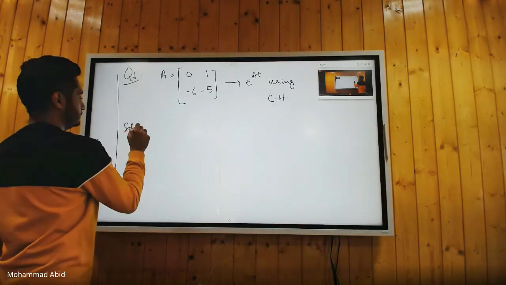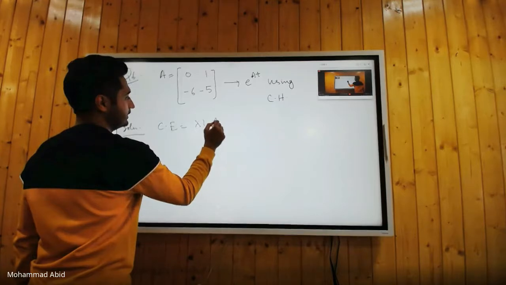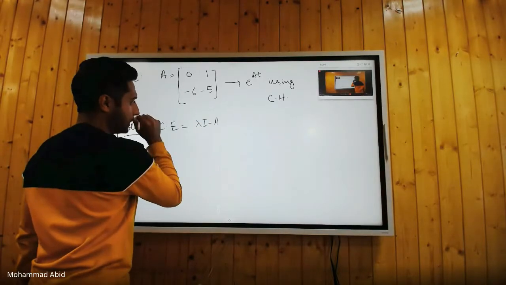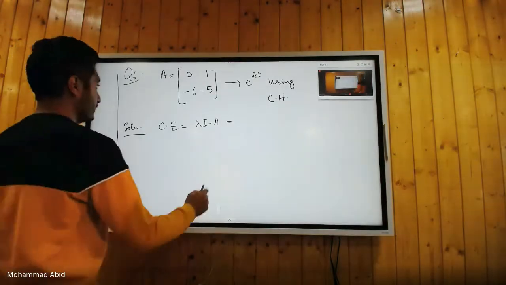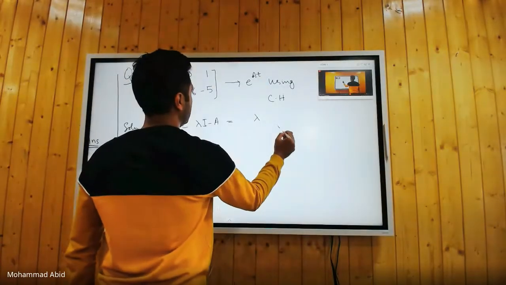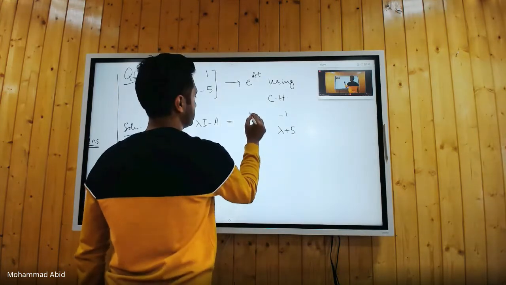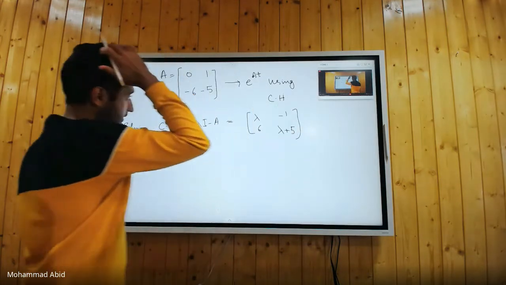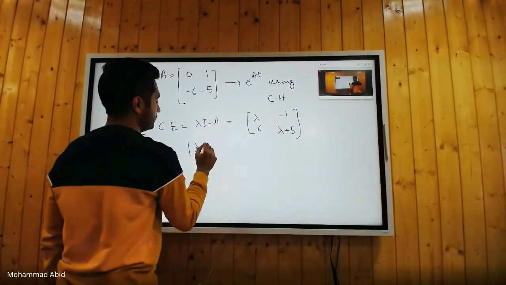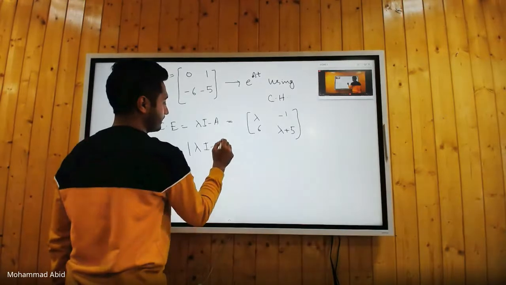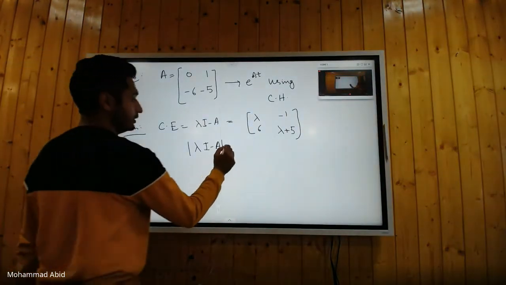Okay. So characteristic equation: lambda I minus A, that's equal to lambda plus 5, and just reverse the sign of this. Now find the determinant of lambda I minus A and put it equal to 0.